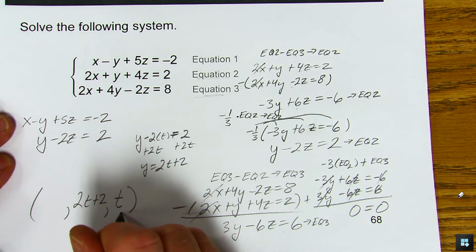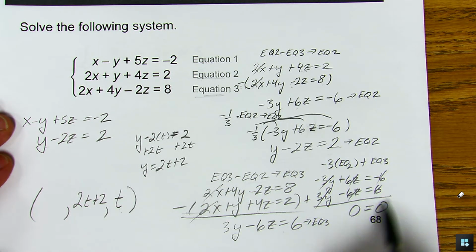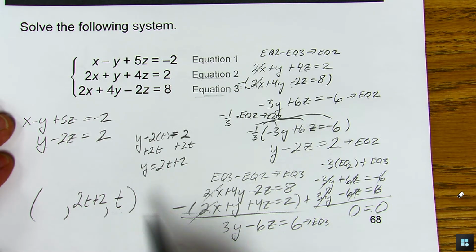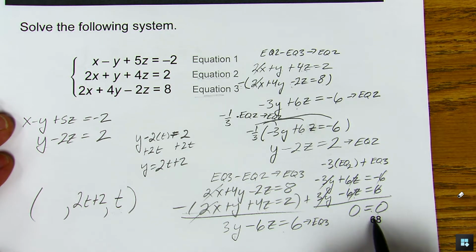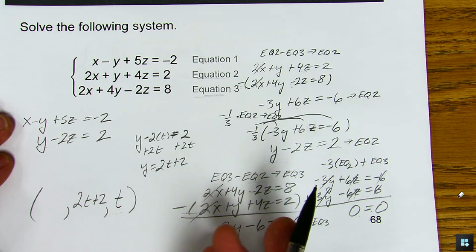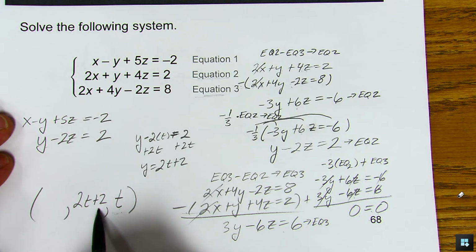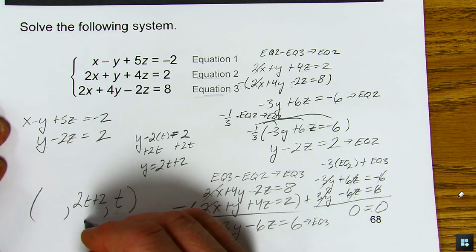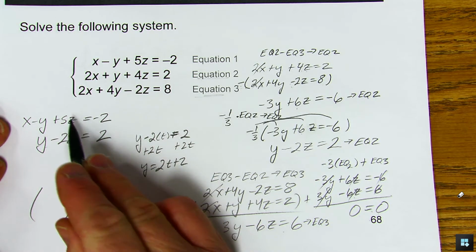Again, z can be anything because when we tried to figure out what z was, we got 0 equals 0, which is an infinite amount of solutions. So I just let it be a variable t because it could be anything. But then y is bound. Once I pick a value for t, then y will have to be 2t plus 2. Now I can back substitute what y and z are into equation 1.